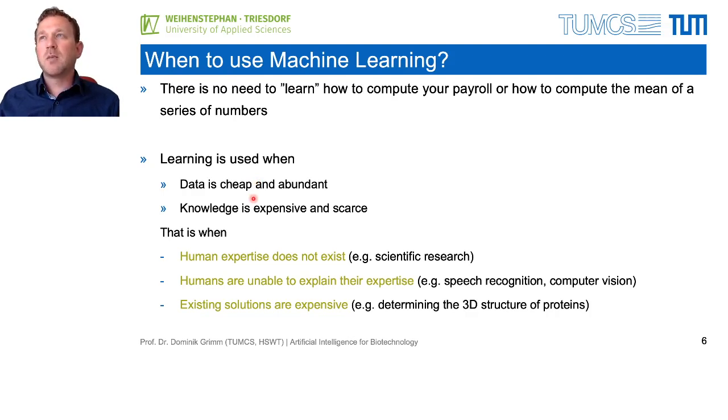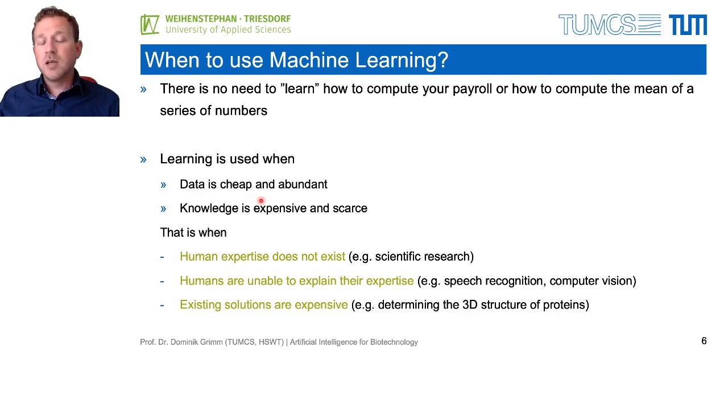So if we like to, for example, get information about data and we like to label data, we need some specific expert knowledge. And this expert knowledge is in most of the cases expensive. And expert knowledge is also rare.